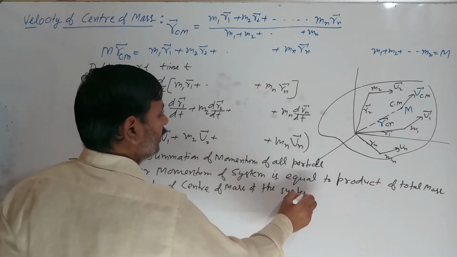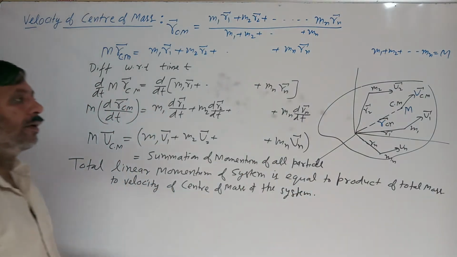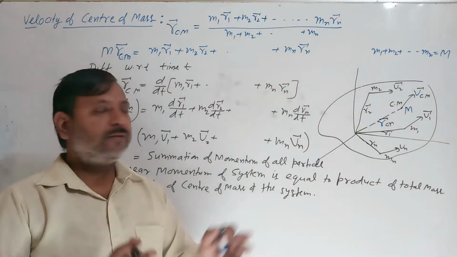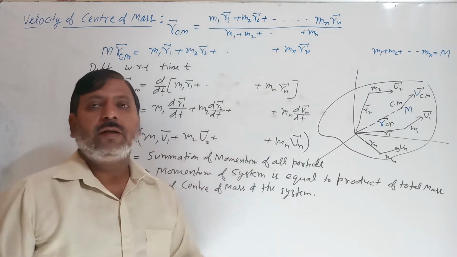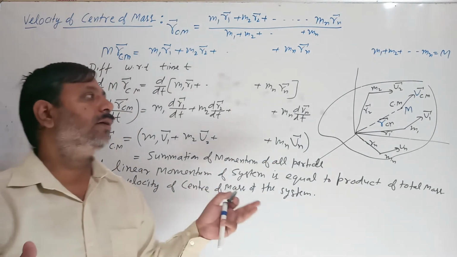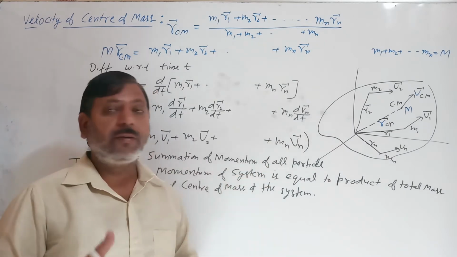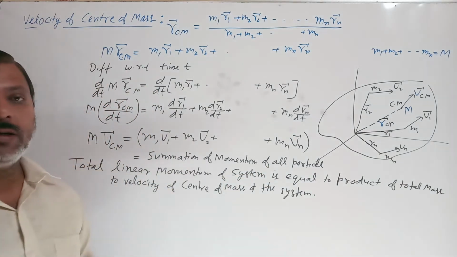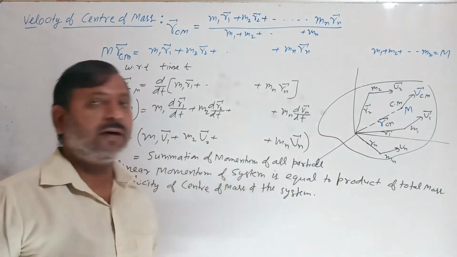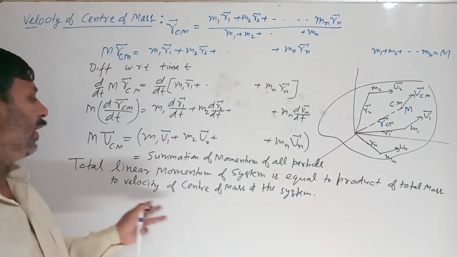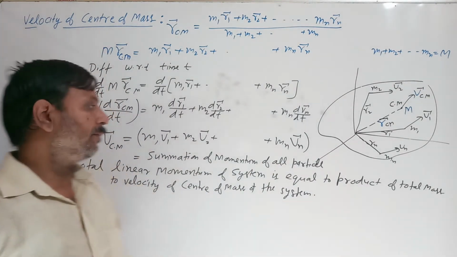The very important thing is that in translatory motion, if you want to find the total linear momentum of the system, we can directly find the product of total mass and velocity of center of mass.